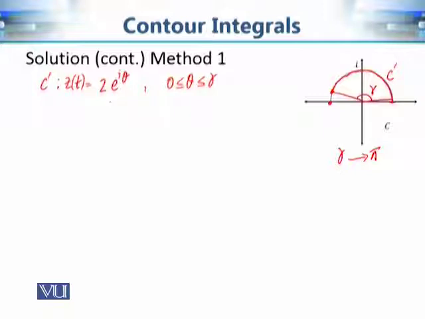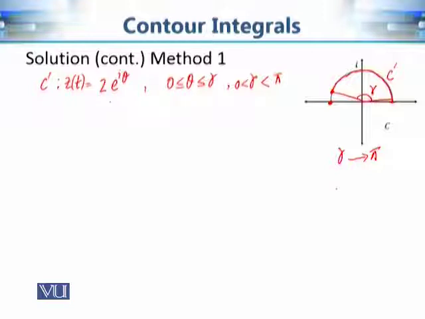Now why is this technique effective? It is effective because there is no branch cut on the contour C prime, because we are avoiding the point theta equal to pi, which is the point of intersection of this contour and the branch cut. We just avoided that point and took gamma to be some point strictly less than pi and greater than 0. So gamma is some point between 0 and pi.